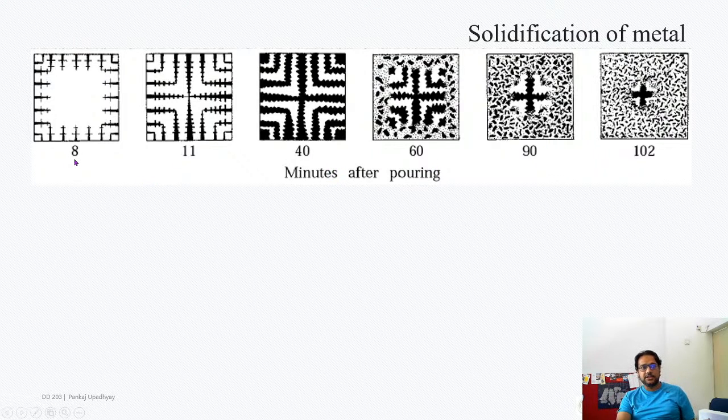As you can see from the first 3 images, the initial dendritic and columnar structure of grains forms very quickly, whereas as you go forward, the amount of time taken for the material to cool down is much longer, right? So 40 to 100 minutes over here, and here it was in just 40 minutes or something like that.